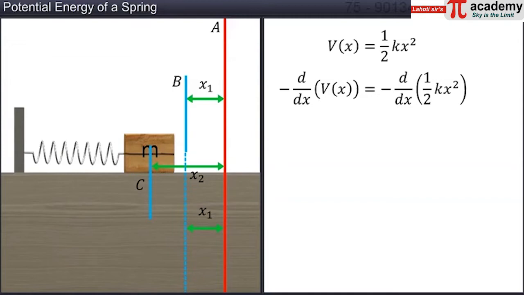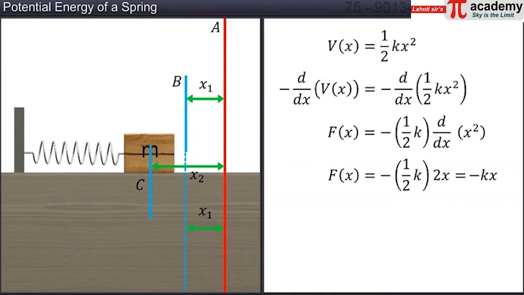On further simplification, we get F of x is equal to minus half k into d x square by dx. Thus, by taking the derivative of the equation of potential energy of a spring, we can easily verify the equation for the spring force as F of x is equal to minus kx, as shown.